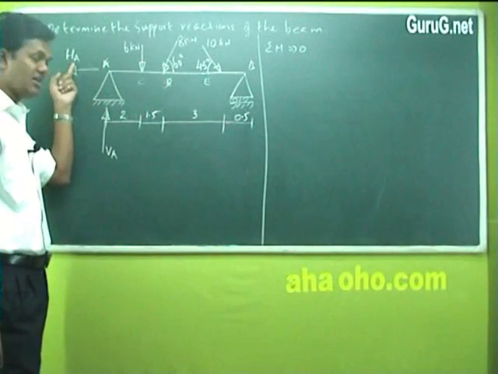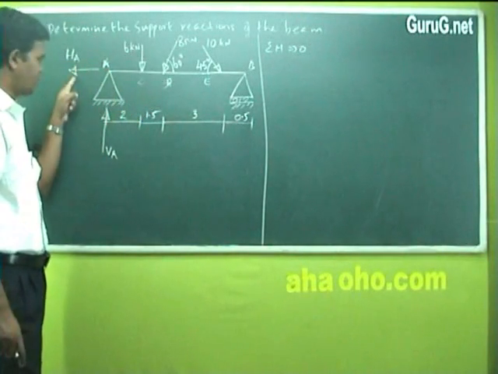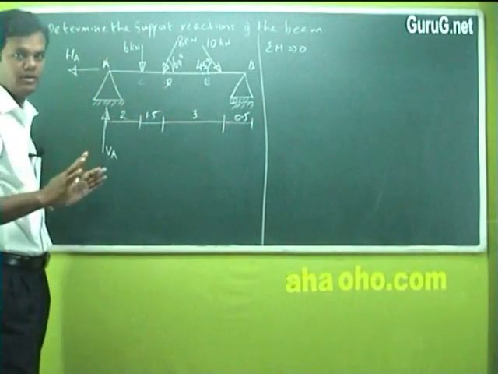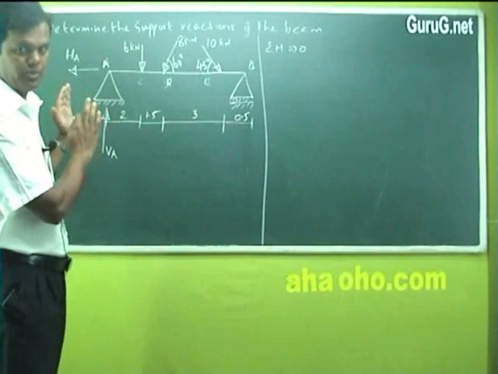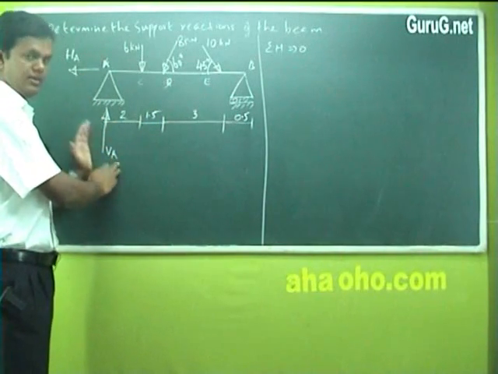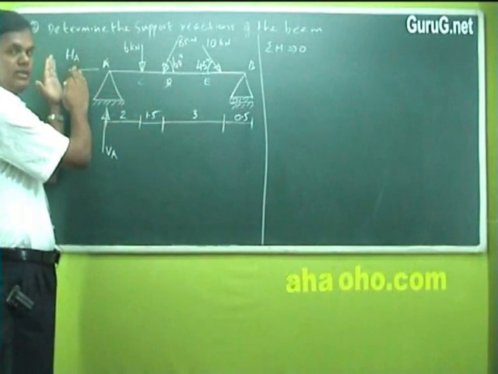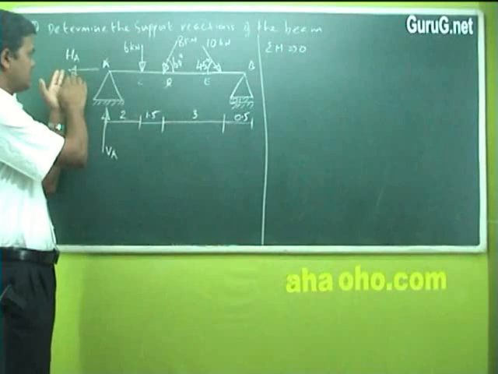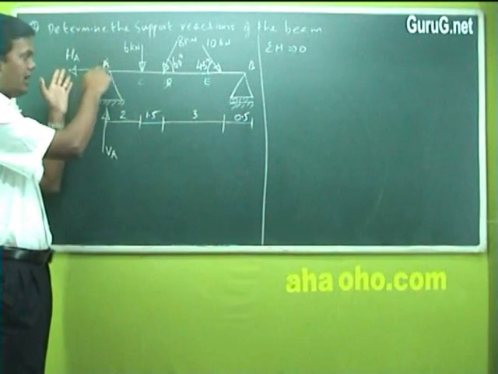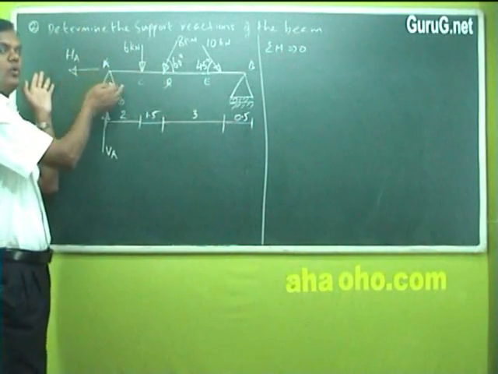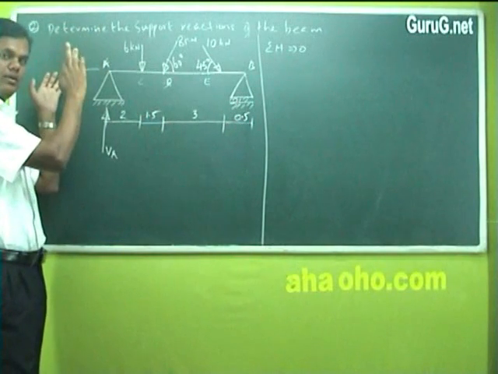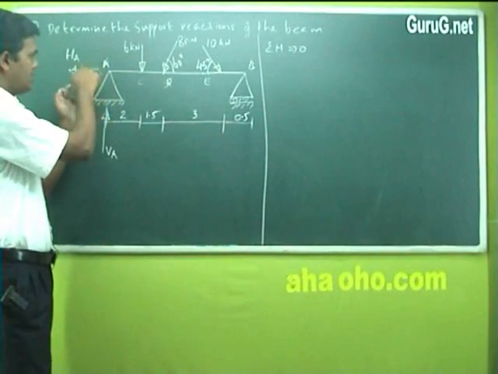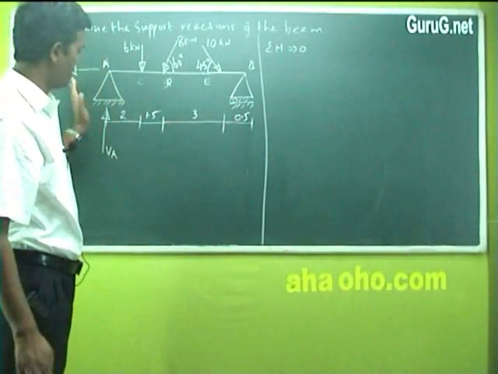Suppose your HA value is negative, you will have to rewrite this direction as the opposite side. That is the only change in hinge support, because you have one vertical reaction and one horizontal reaction. The answer of HA depends on its value. If the value is positive, you leave this HA, which is assumed to be acting outwards from the point. This arrow mark holds good if the answer is positive. If the answer is negative, you have to write it in the opposite direction. That's it. This is the only change here.